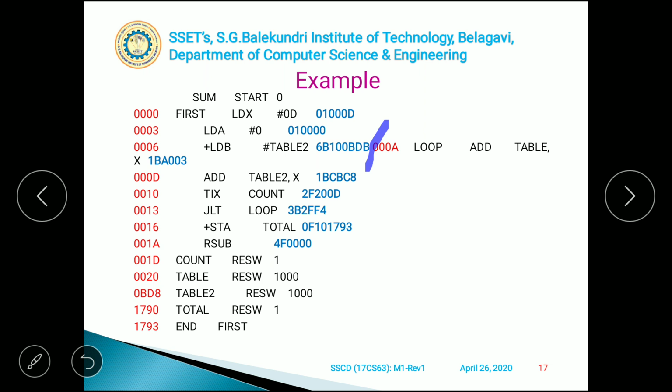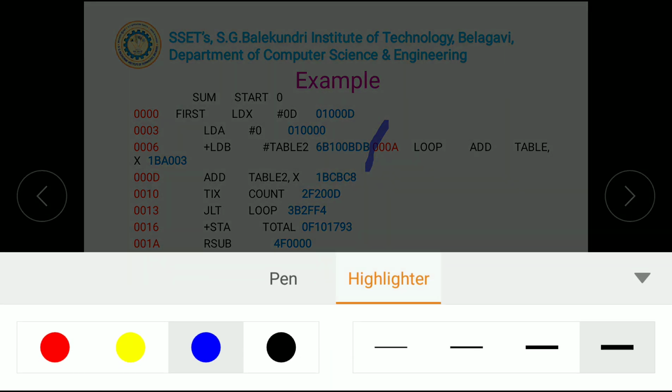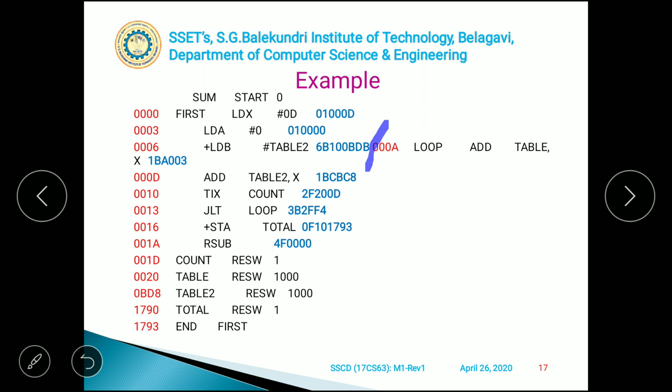Just check it out here how all the opcodes, the object code, is written.